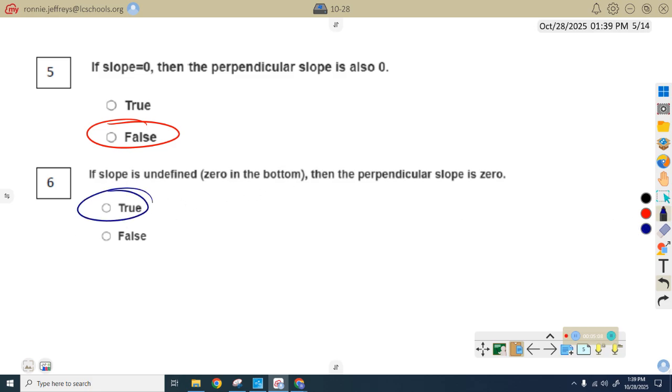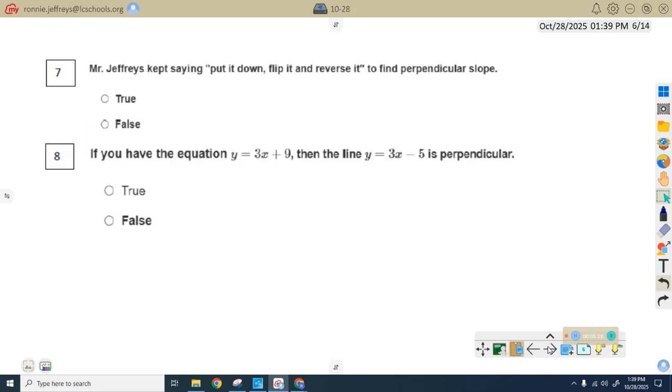This one is true. All right. Now, Mr. Jeffries kept saying, put it down, flip it, and reverse it to find perpendicular slope. True or false? True. Some people are like, I never heard you say anything. Well, I said it a bunch. You just didn't listen.